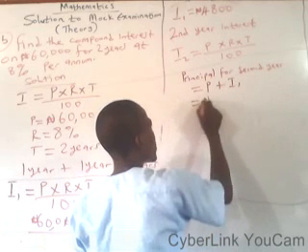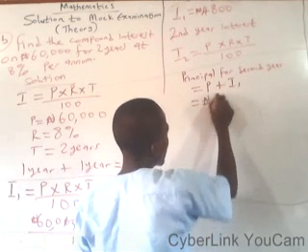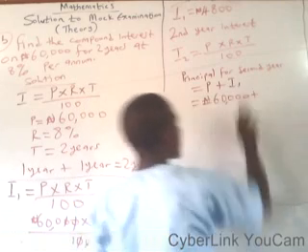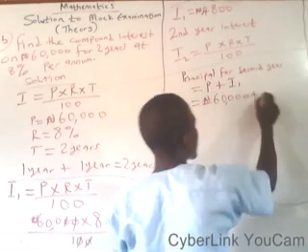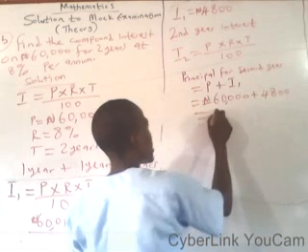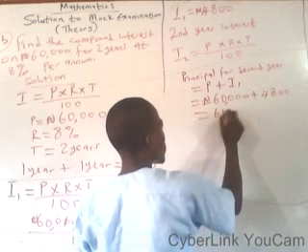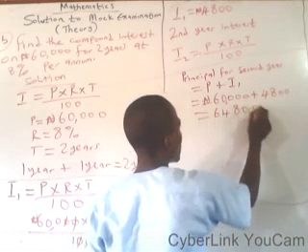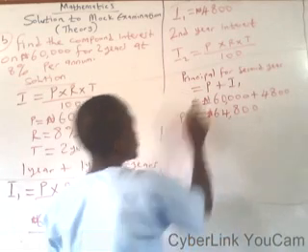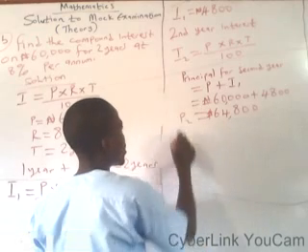The original principal from the initial stage is 60,000 naira, plus our interest for the first year, 4,800 naira. The total is now 64,800 naira. That is the principal for the second year.